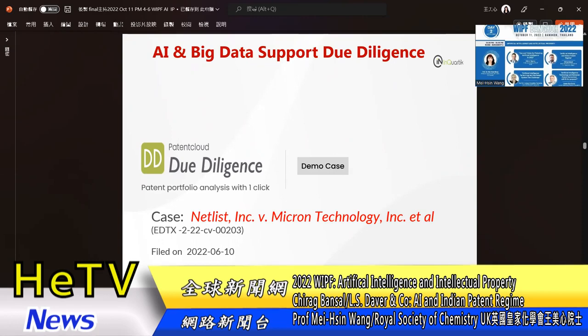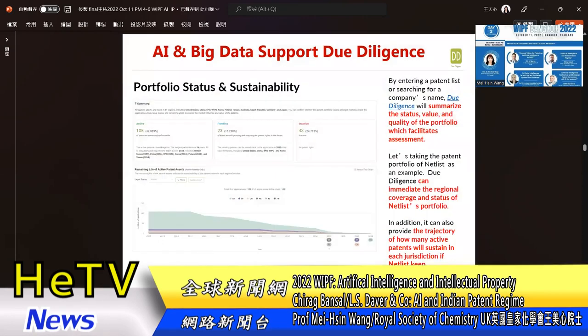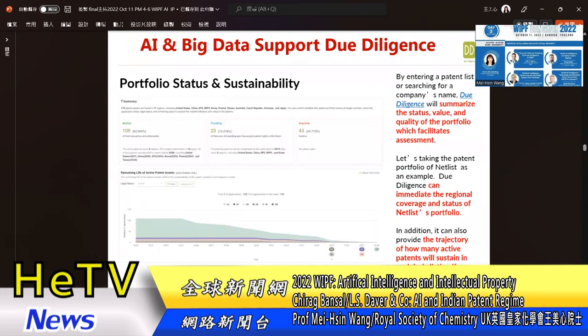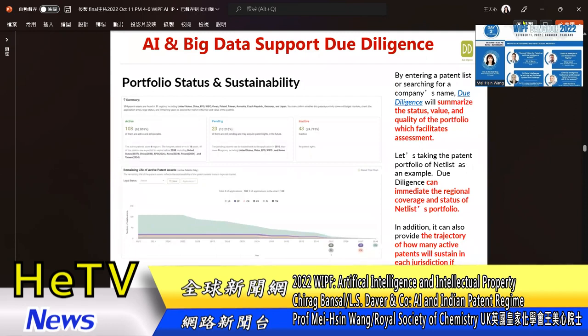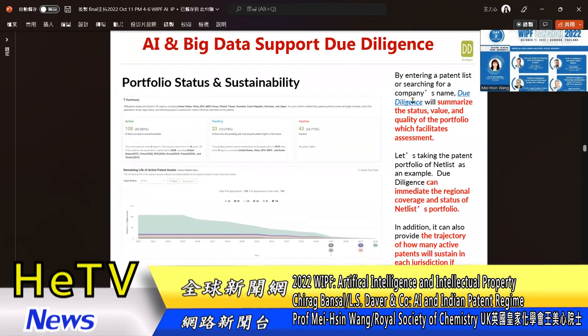I would like to demo how we can use AI for due diligence. For the portfolio status and sustainability, we can just simply enter a patent list or search a company name. Then it will summarize the status, value, and quality of the portfolio, which facilitates our assessment.